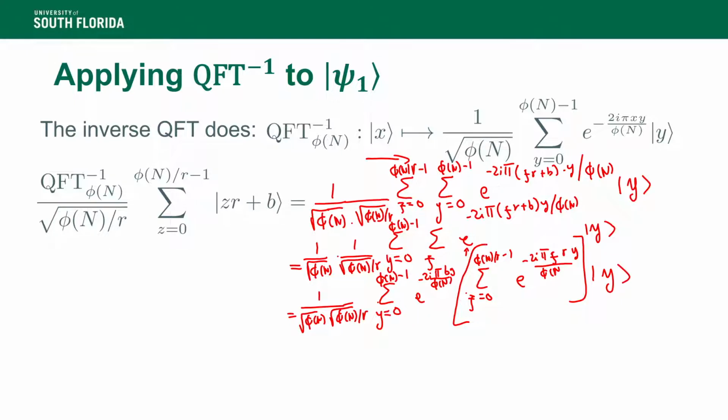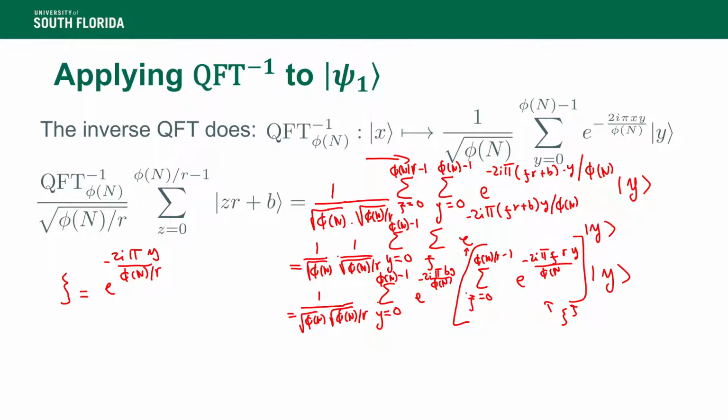Now, we can rewrite this as zeta to the z. So we're going to say this is zeta to the z, and for what zeta? For zeta equals exponential minus 2i pi y divided by phi of n divided by r.